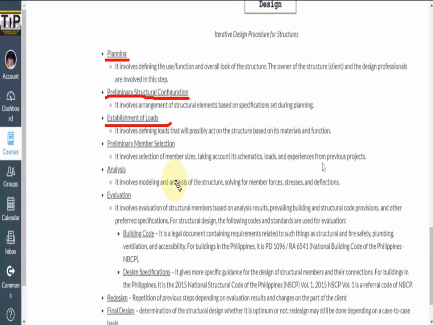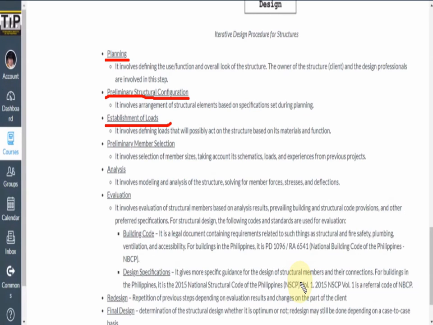For example, if the building is for residential purposes, the code prescribes a minimum design load for residential projects. For other purposes, it also gives you the minimum design loads. At the same time, you will also consider the conditions of the site.